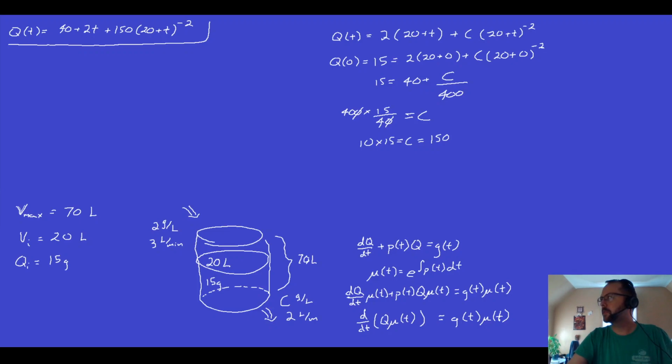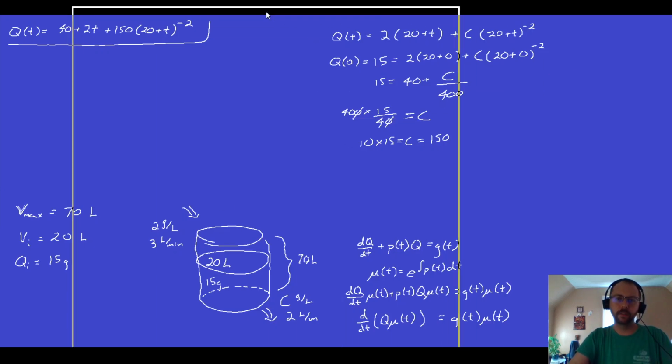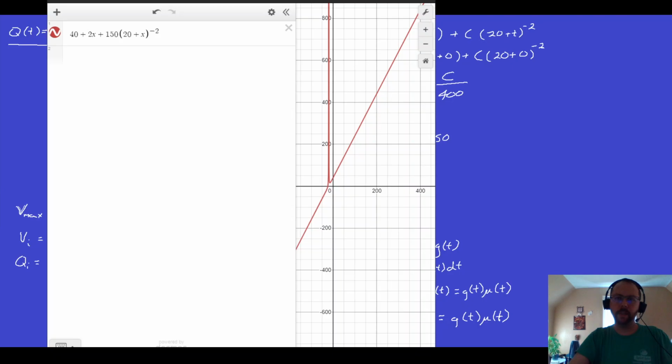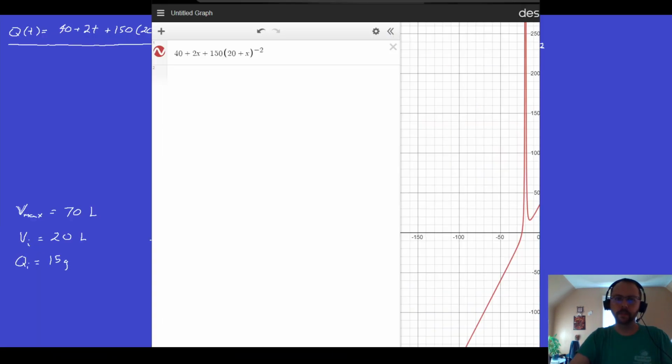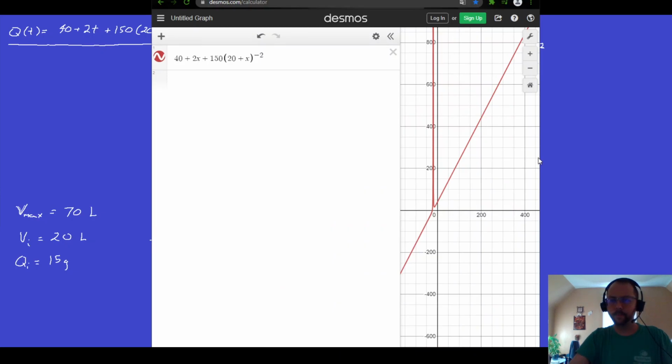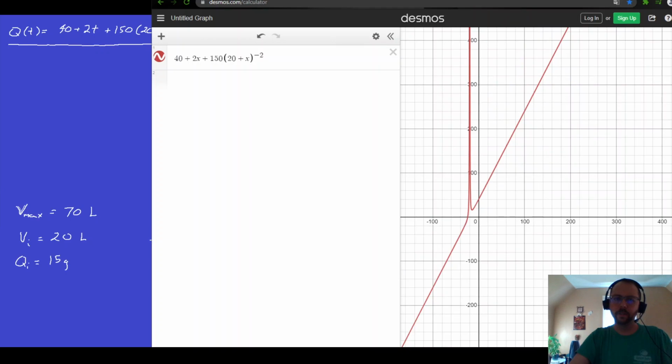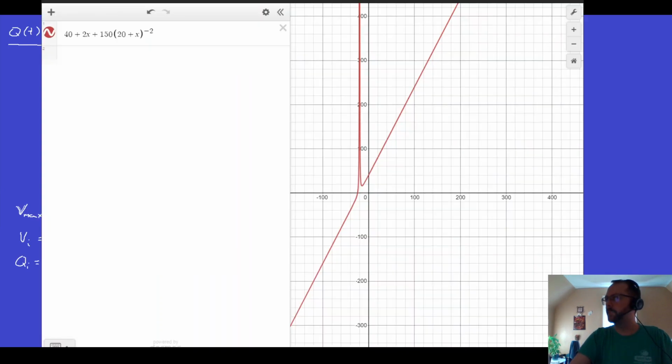So where's our zoom? All right. So this is what we have here. That's not super helpful, but this is our function.